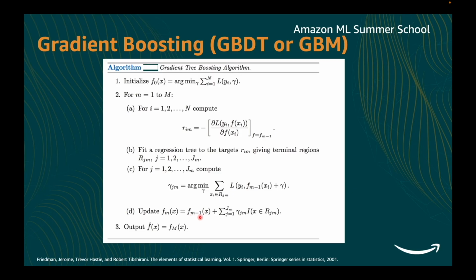And you iteratively do this, so you create f0 of x plus f1 of x plus f2 of x, so on and so forth, up to fm of x. So you'll create this sum of m models to be your final model, right? And then you use that as your regression output.